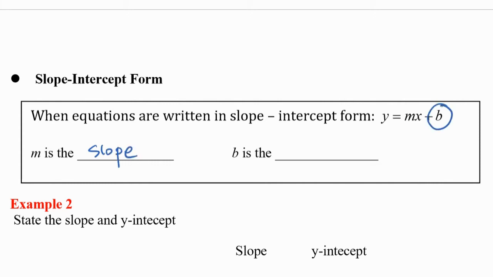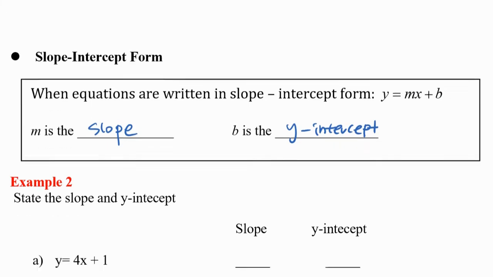And b, the constant, is the y-intercept. Okay? So remember it. The coefficient, the number attached to x, is the slope. And the constant, the number just standing by itself, is the y-intercept. Alright?